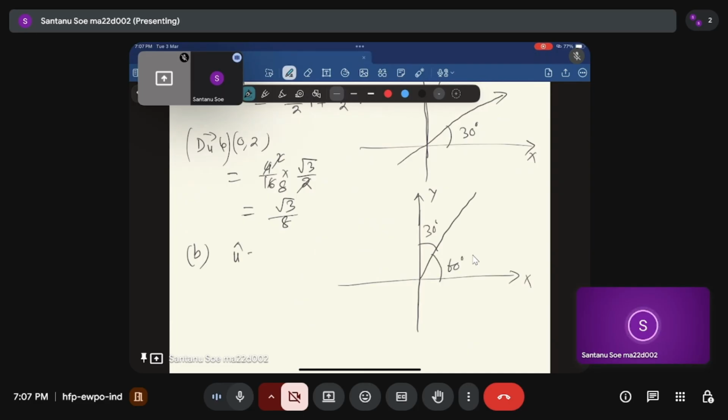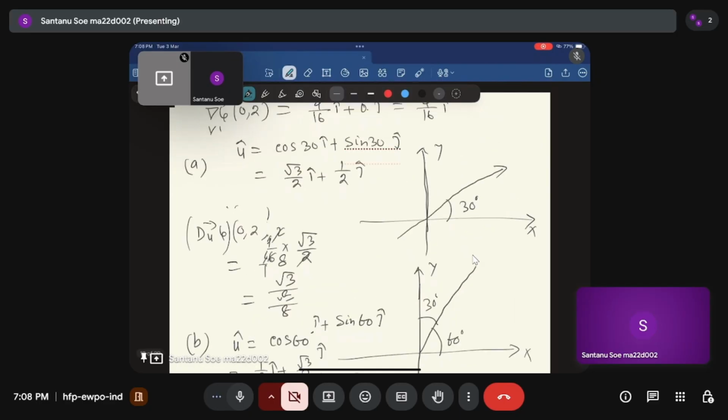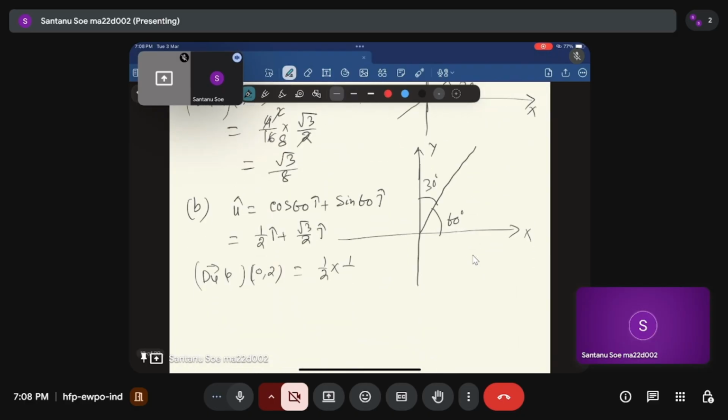So in this case, our u is gonna be cos 60 I cap plus sin 60 j cap, correct? So this is gonna be 1 by 2 I plus root 3 by 2 j, correct? And then du phi at 0 comma 2 is gonna be 1 by 2 into 1 by 4. I mean 1 by 8.